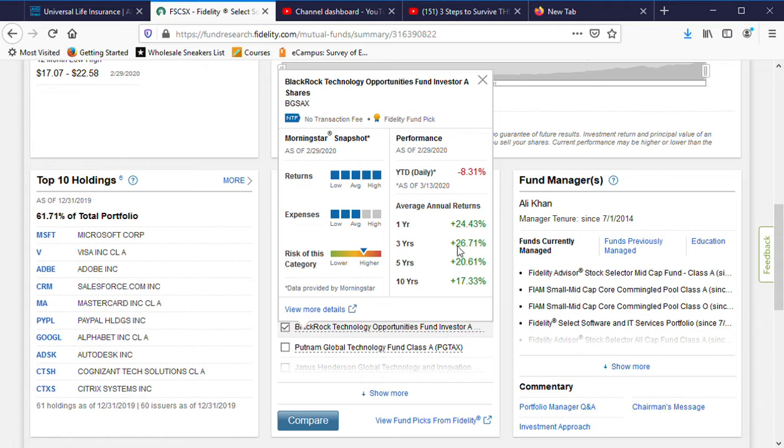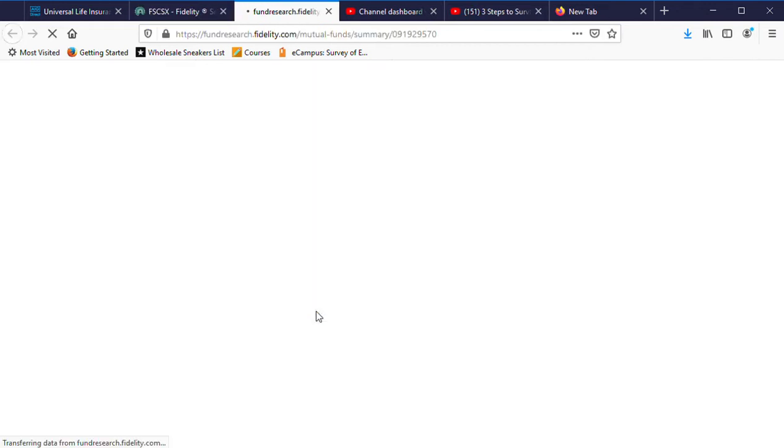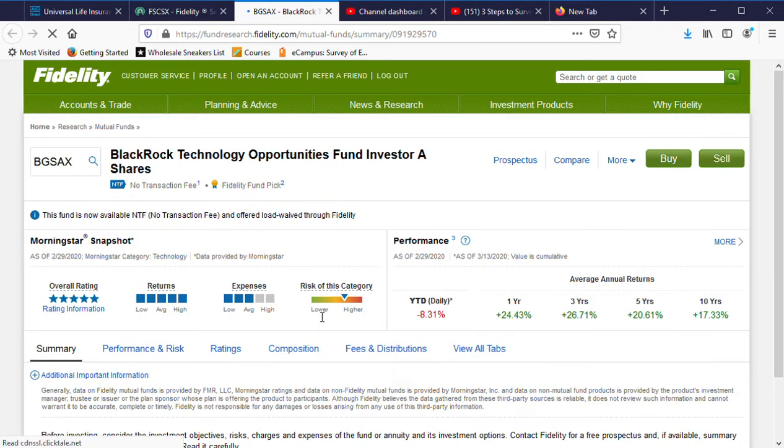Now, this one is performing 24.43 in the first year. In 10 years, it should perform 17.33. Now, the expense ratio is average. Returns is high. So this means that more than likely you are going to get a return on this.